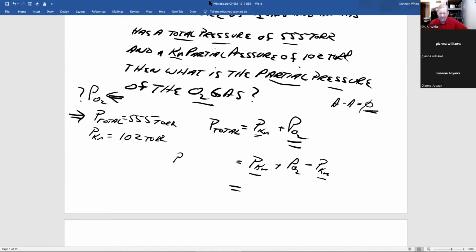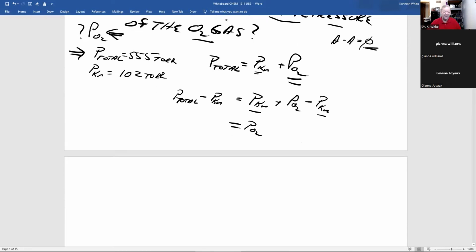So I'm left with partial pressure oxygen. However, whatever you do to one side, you have to do to the other. And I did. And I'll rewrite it here.